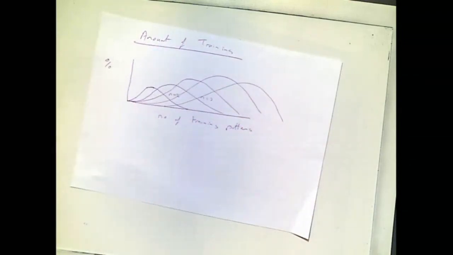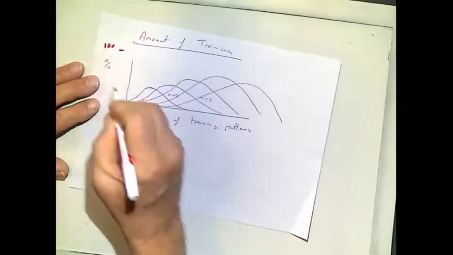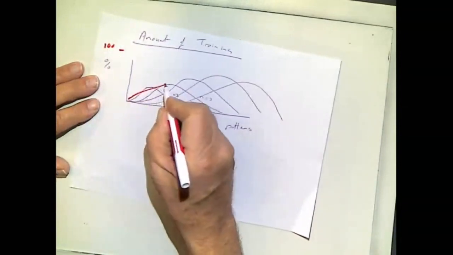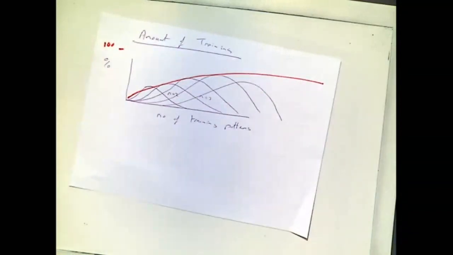And what we find is that the performance, if we're aiming for 100% there, it sort of asymptotically goes up to 100%, but never quite makes it. Now, the actual shape of these curves, they can be very peaky if it's a well-defined group, or they can be very spread out if it's a noisy set of patterns.